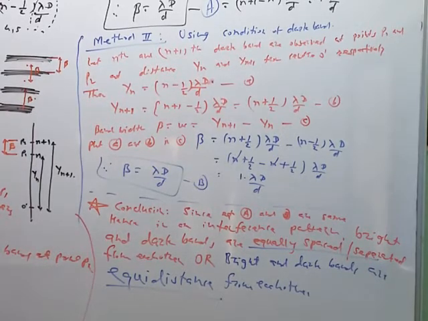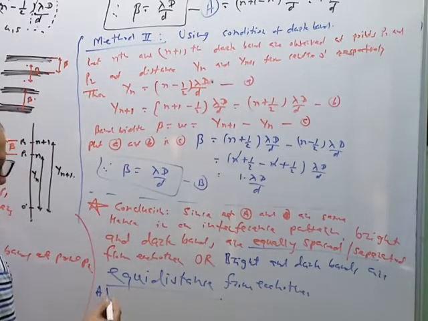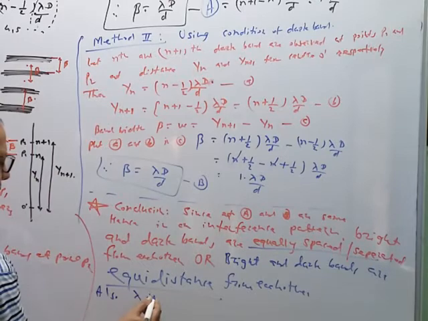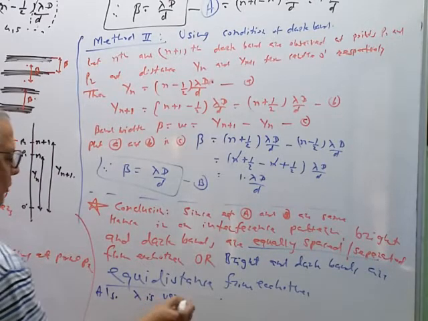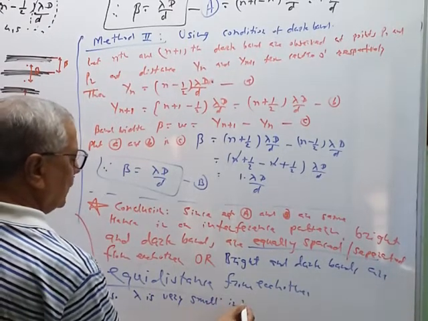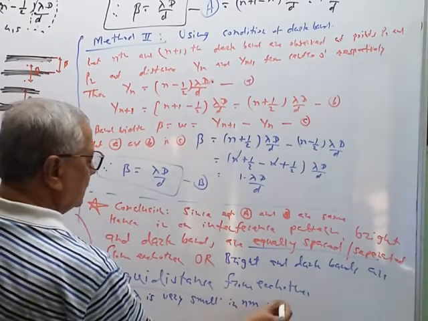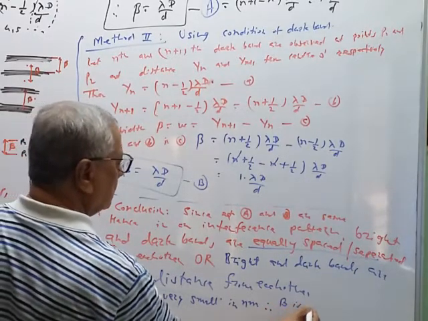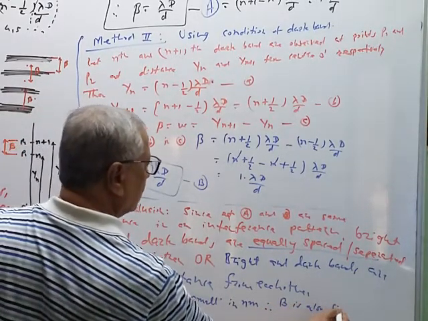See this equation: beta is equal to lambda into capital D upon small d. So beta is directly proportional to lambda. Lambda is very small for visible light. It is from 3000 angstrom to 8000 angstrom. So since lambda is small, therefore bandwidth is also small. Lambda is very small, in nanometers. Therefore beta is also small.